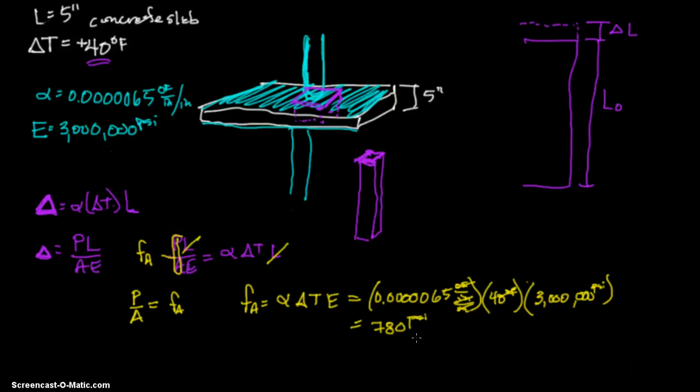780 psi. Right off the bat, I'm sorry I didn't do this. It's a little test-taking tip: look at your answers. I know right off the bat it's going to expand and push back. That's compression, because it's pushing down. Think about it: I let it go and then I push it back, and pushing it back causes compression.